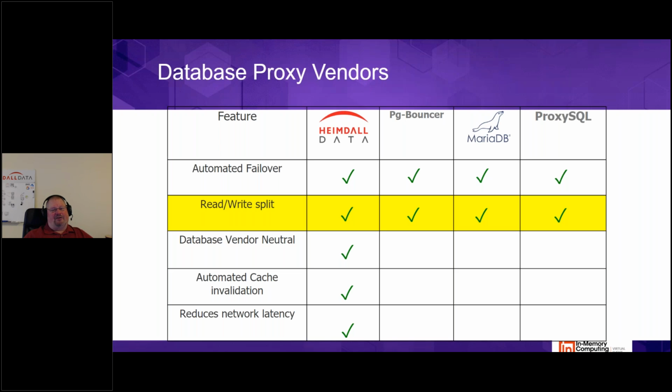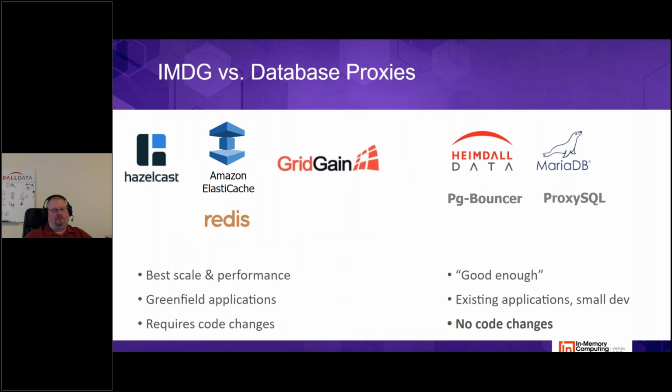Heimdall is database vendor neutral, supporting SQL Server, MySQL, Postgres. It does the automated cache invalidation and implements all the techniques I've mentioned for reducing latency. When should you use an in-memory data grid versus a database proxy like Heimdall? Well, if you're doing greenfield development, sometimes you can get better results than using a generic solution.